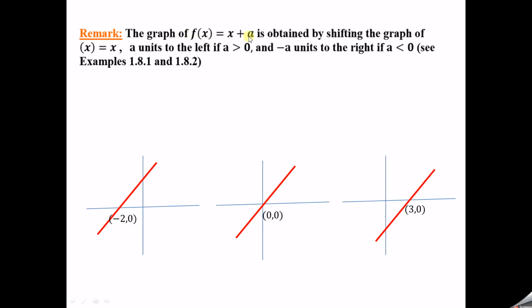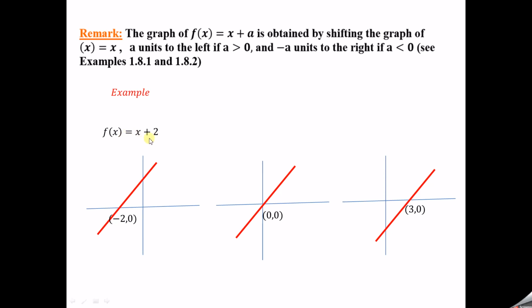If we want to get f(x) = x + a, first we write f(x) = x and then we shift either towards left or towards right. If we have x + a, we have to shift to the left a units. If we have x - a, we have to shift the curve f(x) = x to the right a units.